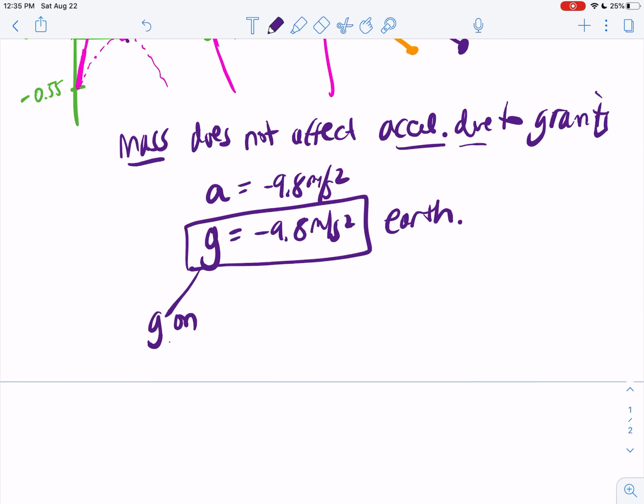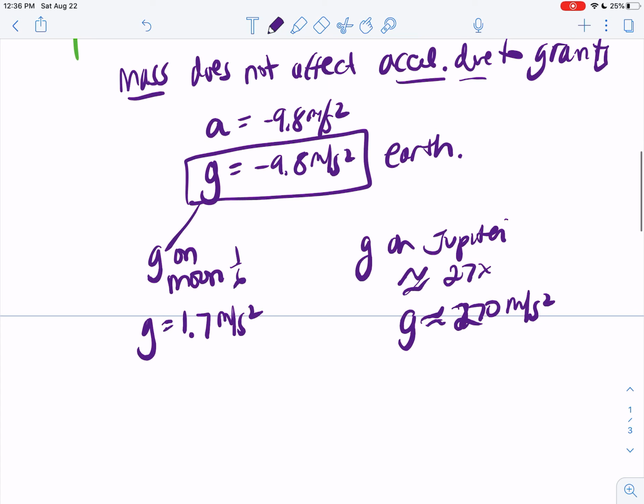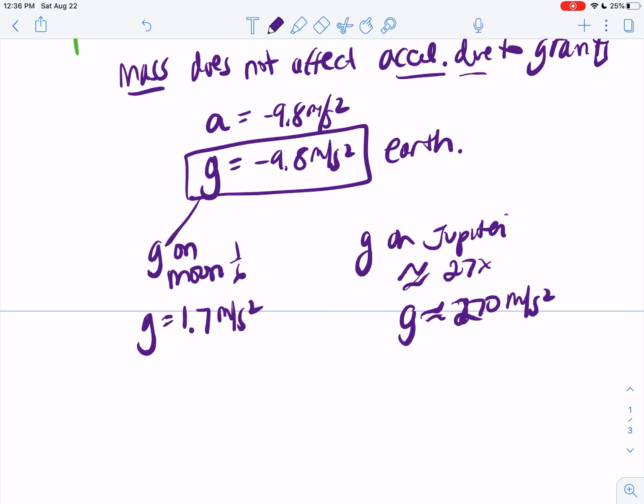G on the moon is about 1/6 of ours, about 1.7, I think. G on Jupiter is about 27 times ours, so about 270 meters per second squared. It's a lot more. The reason, which we'll get into when we get to the gravitational unit, is based on the size of the body.